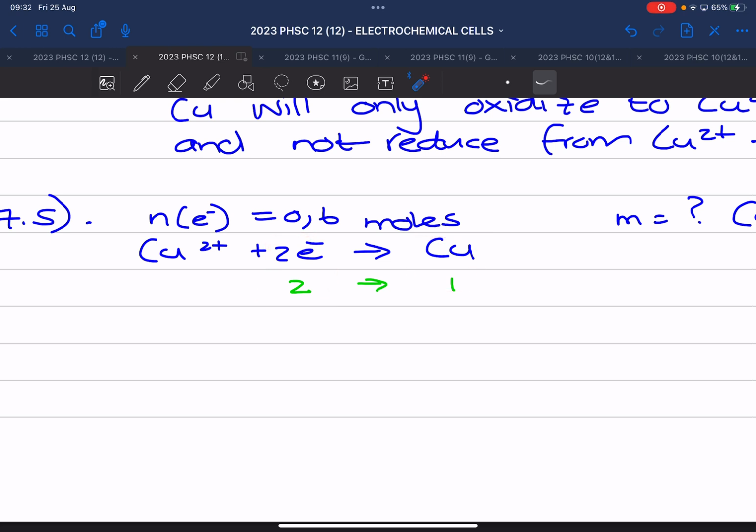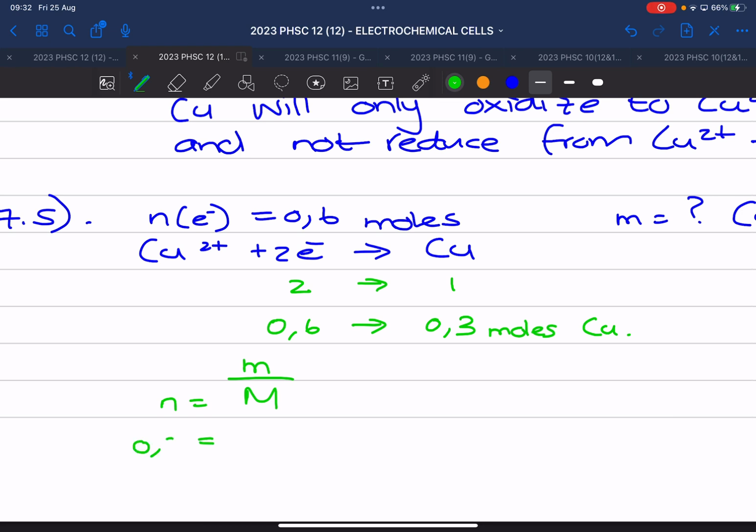So how many moles of electrons did we have? We have 0.6 moles. So if this is 0.6, then how many moles of copper? 0.3. Okay, this is moles of copper. But that was not the question. The question was the mass. So we have mole is mass over molar mass.